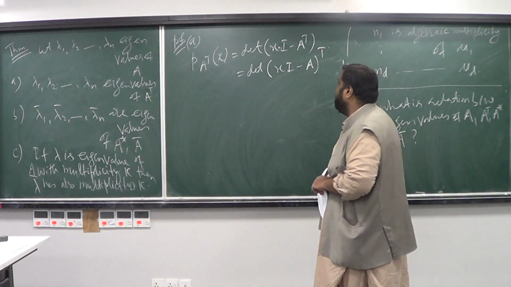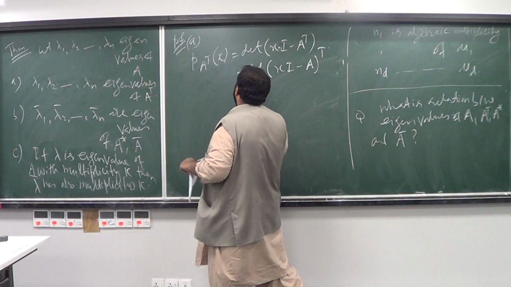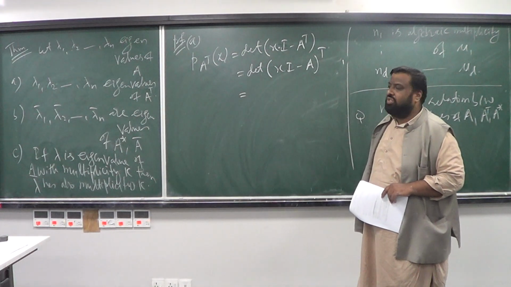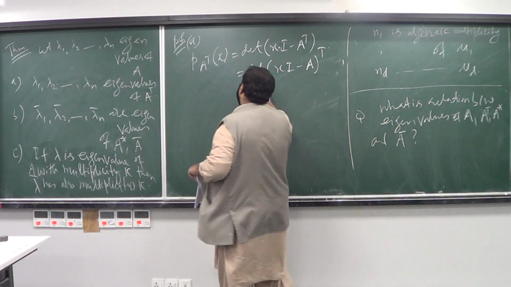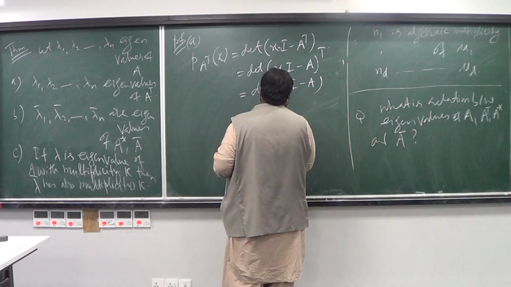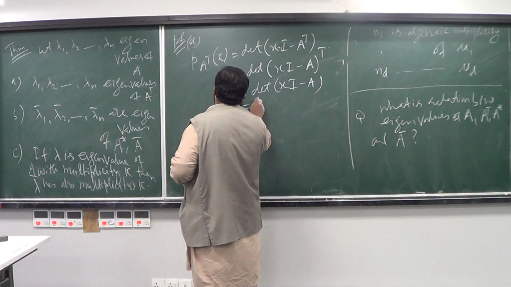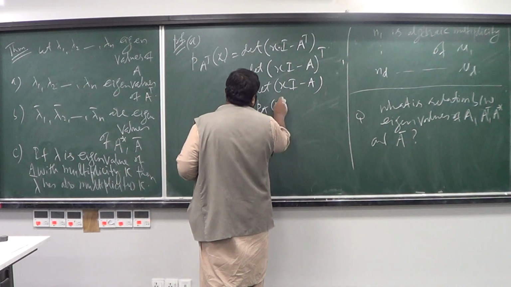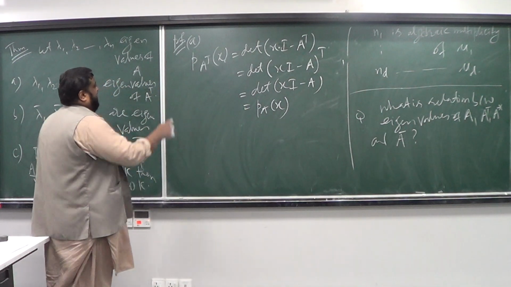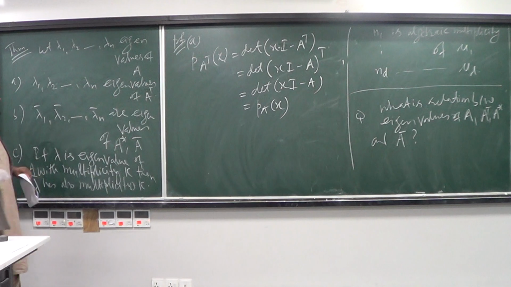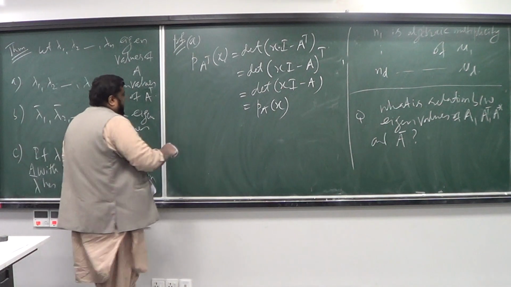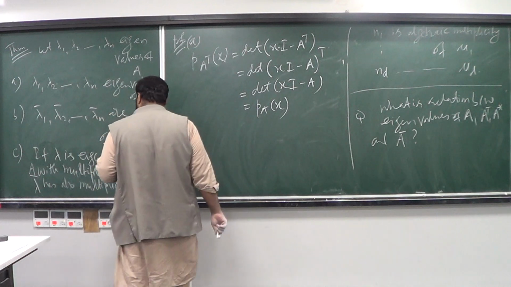We saw it previously, and we know the determinant of a matrix and its transpose are always equal. So this is the same as the determinant of xI minus A, which is the characteristic polynomial of A. So this calculation shows that A and A transpose have the same characteristic polynomial, and hence have the same eigenvalues.